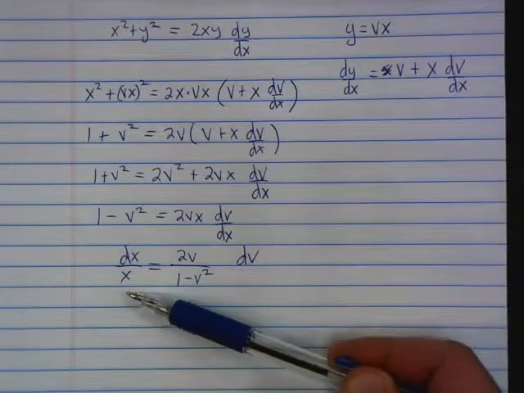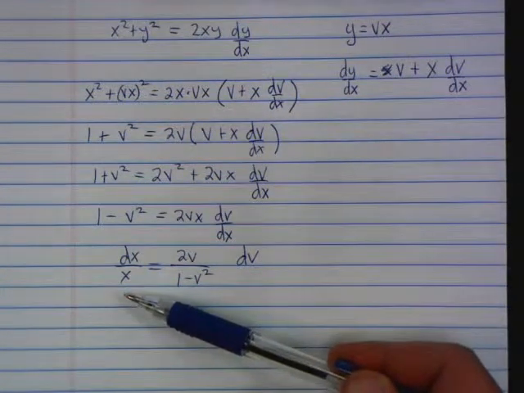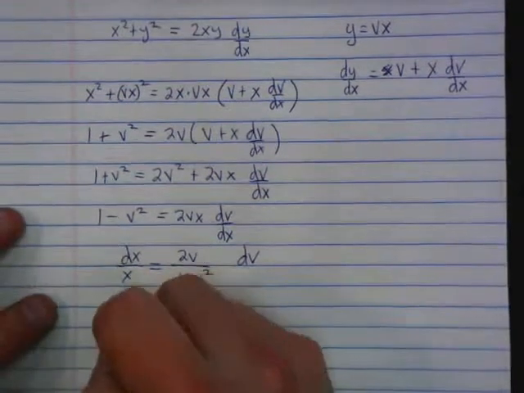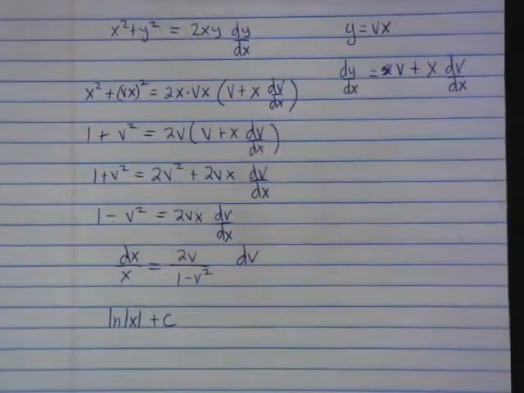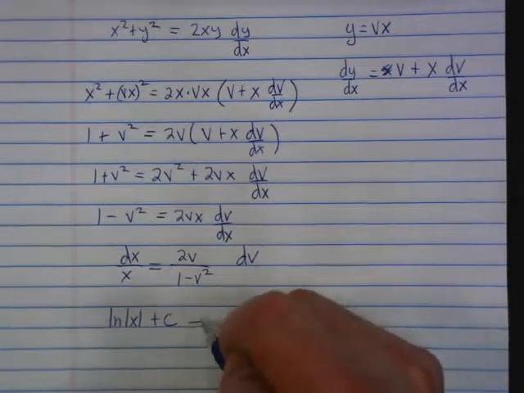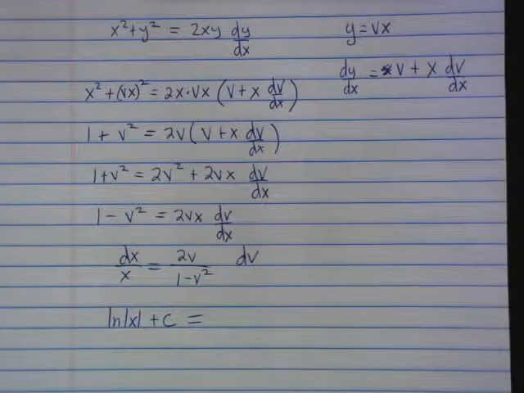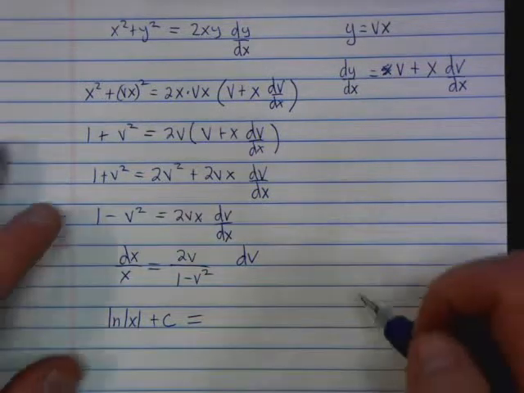What's the integral of dx over x? ln x. So this is going to be ln absolute value of x plus c equals, how do you integrate the right hand side? U equals the bottom.